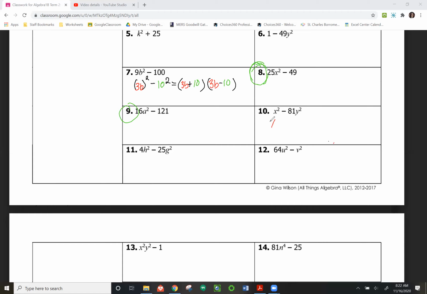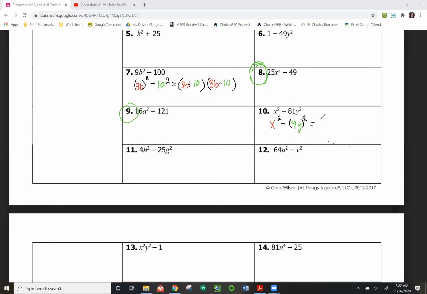The first one is you have x squared minus, well, instead of 81y squared, we need to make sure that coefficient is a squared as well. 9 times 9 is 81, so we'll rewrite 81 as 9 squared. Okay, we'll make sure that the coefficient and the variable are being squared.